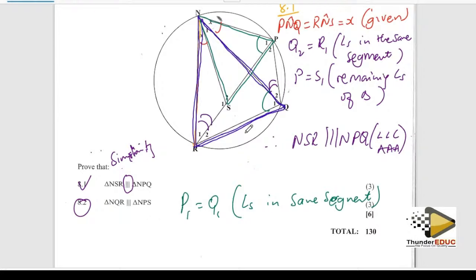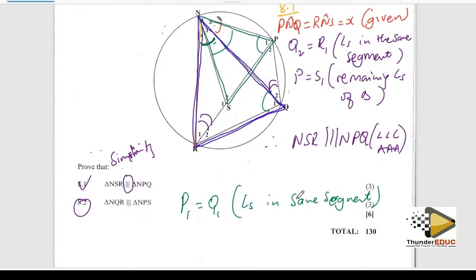When I look at this angle here, there's X and then there's N1 for this small triangle. And when I look at this angle, I can also see the same thing.